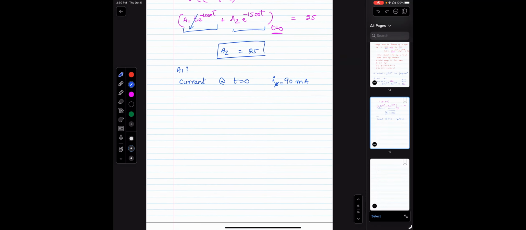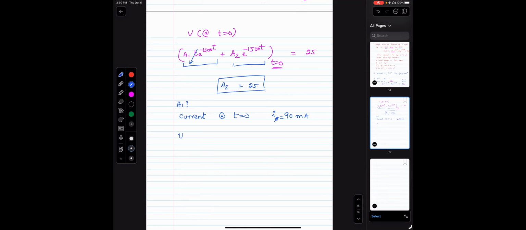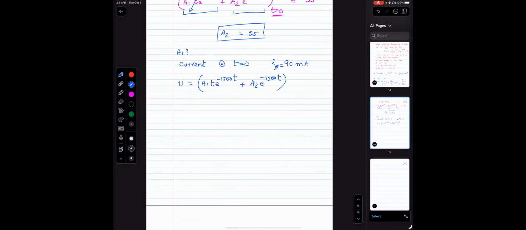So this is what I'm going to do. I'll take the expression for voltage, which equals A1 t e to the negative 1500 t plus A2 e to the negative 1500 t. Now, if I do the derivative of this, C dV by dt, right?